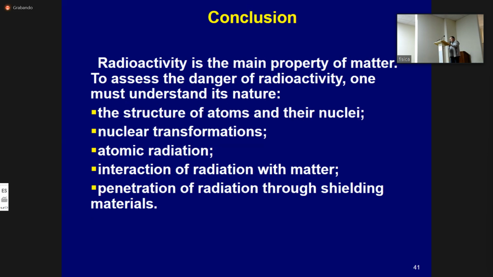Nuclear radiation can be divided into two main groups: charged particles, and uncharged neutrons and gamma quantum. Charged particles directly ionize the medium they pass through, while uncharged particles and photons can only cause ionization indirectly through secondary radiation. So that's all for lecture number 1.